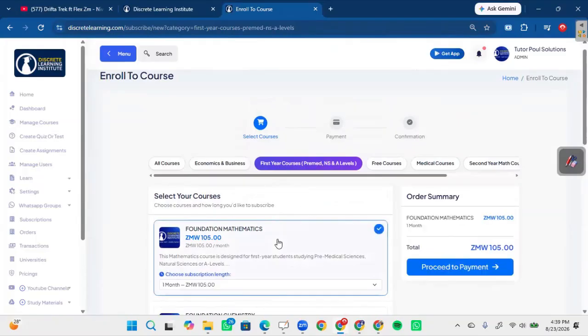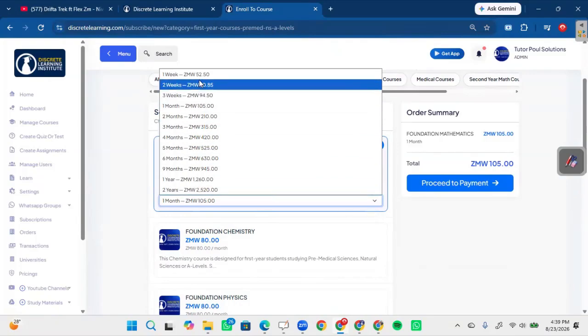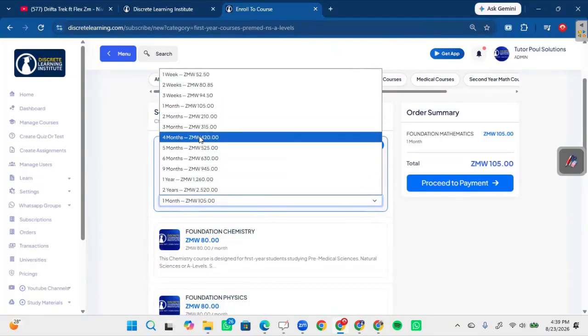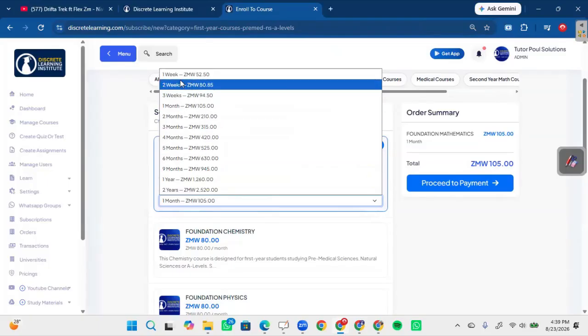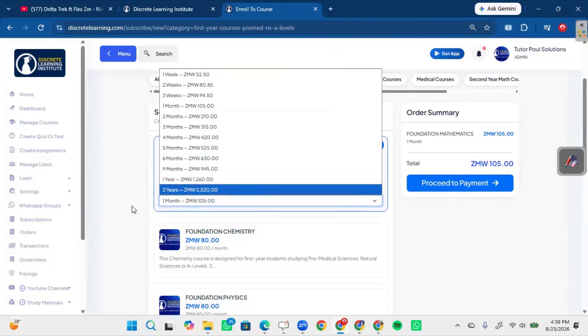Just select them. Once you select them, you can also choose the duration by clicking this arrow, which is pointing downwards. You can see different periods have different amounts. If you want to subscribe for a week, there's a price for that. 2 weeks, 3 weeks, 1 month, 2 months, even 2 years in advance, you can subscribe.